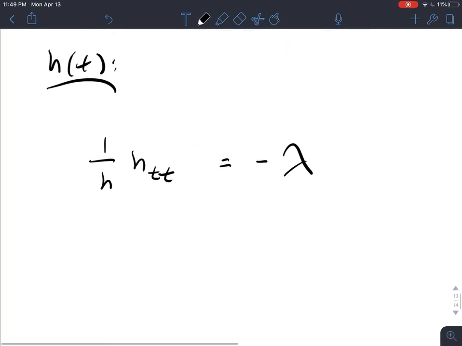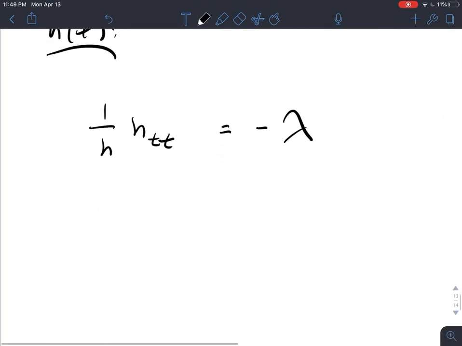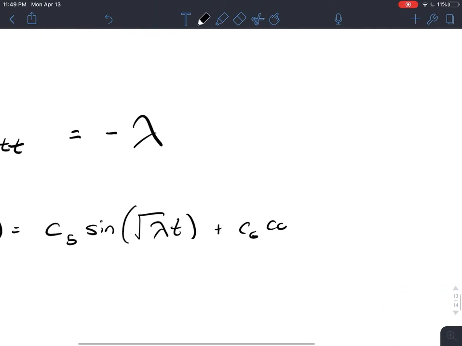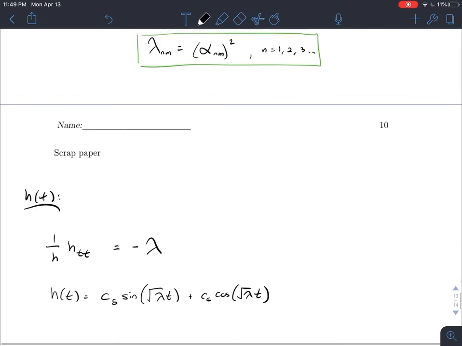So drawing this out, the solutions here, h of t, are going to be c5 sine square root lambda t plus c6 cosine square root lambda t. Great.